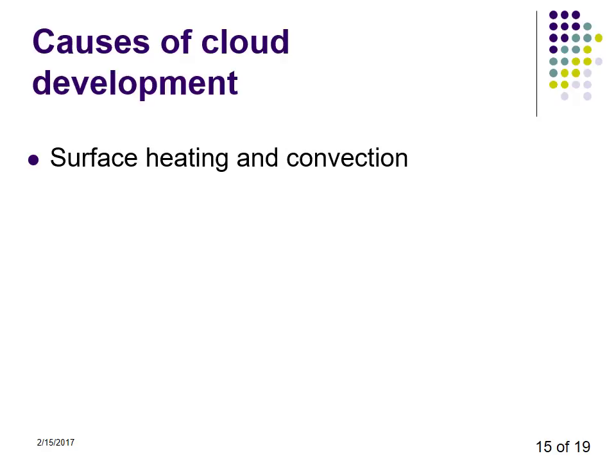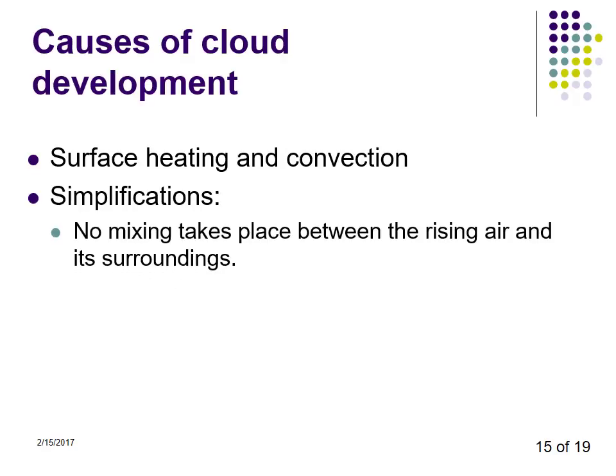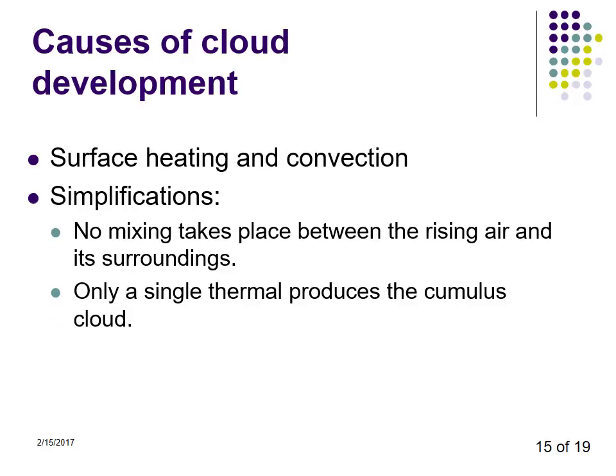Let's talk about this surface heating and convection. We're going to simplify our models, and the simplifications we're going to use are the following. No mixing takes place as the air rises with its surroundings, so no mixing between the air in the parcel and the air in the surroundings. Only a single thermal produces the cumulus clouds, so not two thermals, just one.